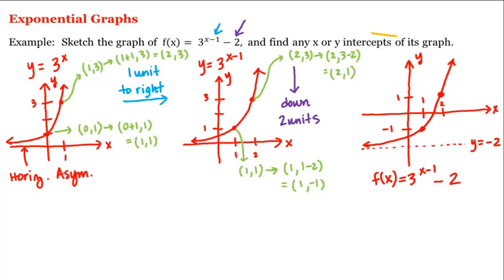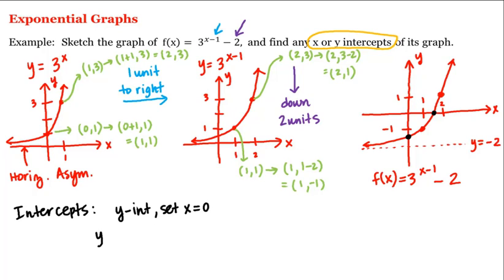Now we're also asked to find any x or y intercepts of its graph. And looking at our graph, we see that we have a y-intercept here and an x-intercept here. So let's find these intercepts. To find the y-intercept, we set x equal to 0 in our equation.